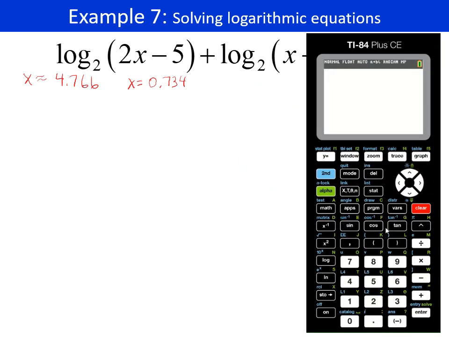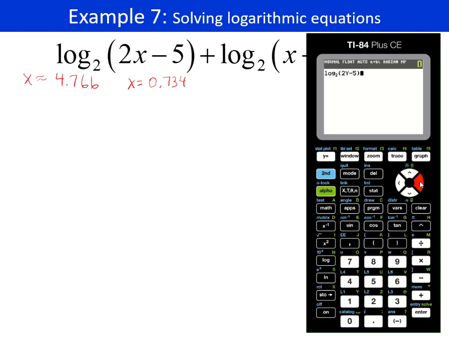Like with the previous problem, we're going to type the left side of the equation, but using the y, which is where we have our answer stored, in place of the x. So again, very much like the previous one, we're going to do the log base 2 of the 2x minus 5, which we'll use a y in place of the x.